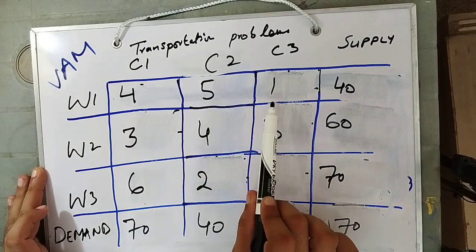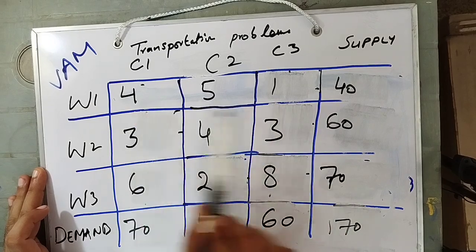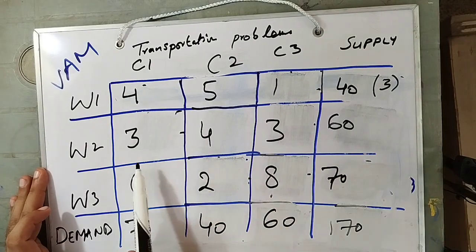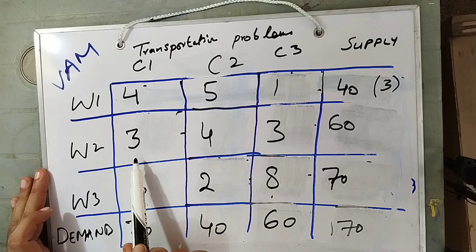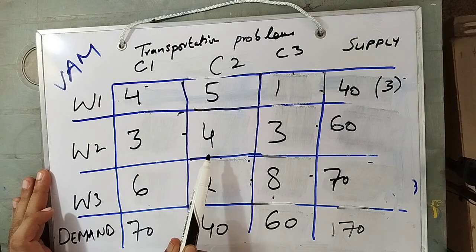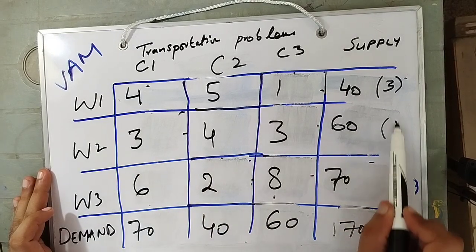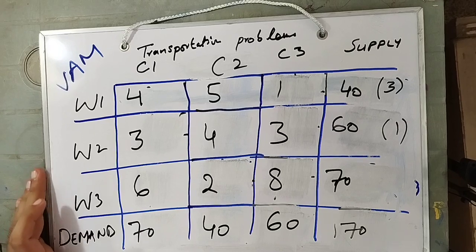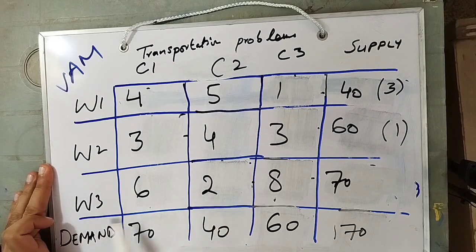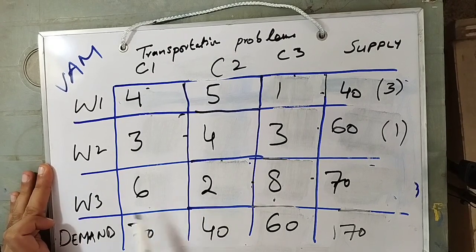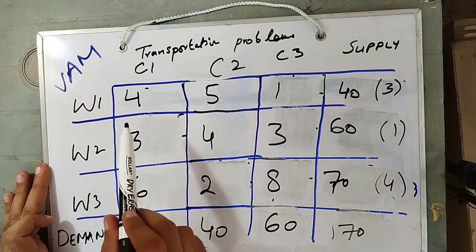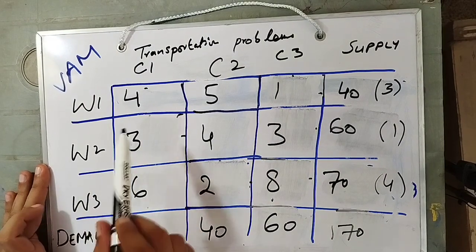You see the least cost is 1, the next cost is 4. 4 minus 1 is 3. Next, 3 is the least one, and the next is 4, so 1 is the difference. Next you see the least is in warehouse 3, the least is 2, the next is 6, so 4 is the difference.